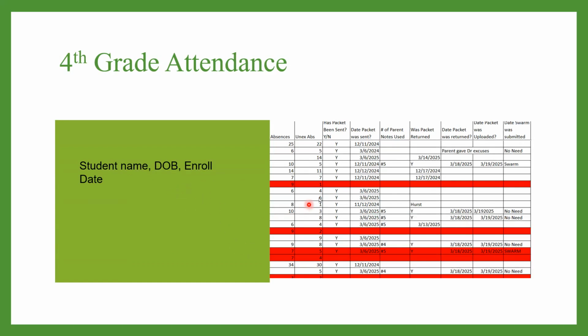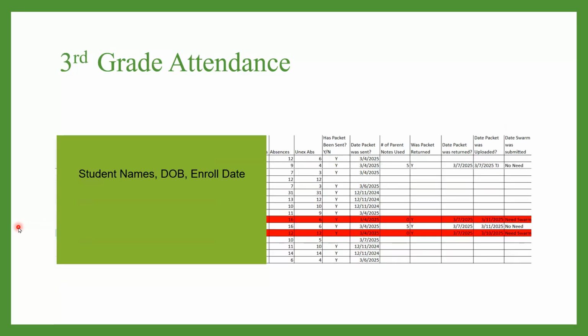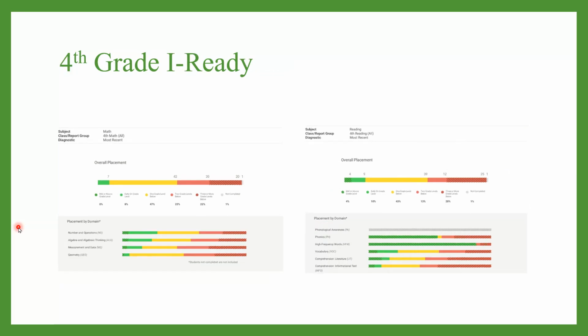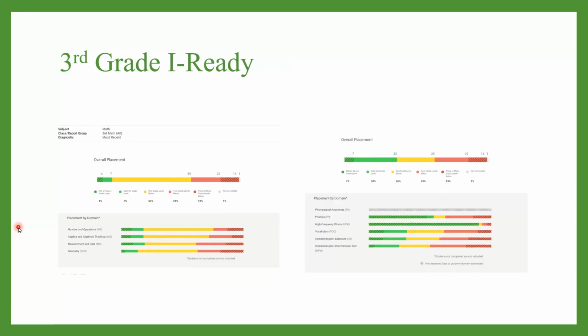For our fourth grade, we see the numbers. Some of them are the same, where we have this number of absences and this number of unexcused absences. As you can see, a good percentage of our students are chronically absent, and here you can see why we are having some gaps in our academics.